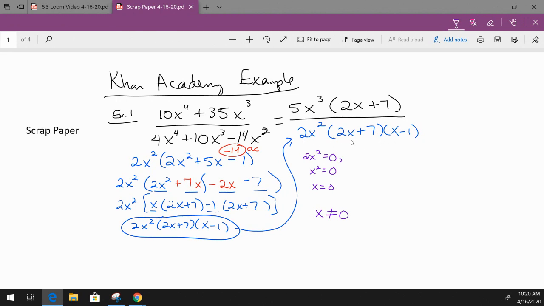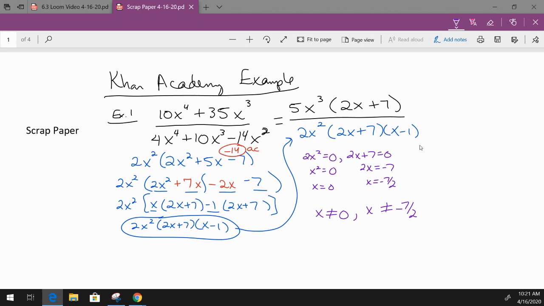All right, your next factor here, if you take the 2x plus 7 and you want to ask yourself, what value of x will make this factor equal to 0? We would subtract 7 from both sides, which gives you 2x equals negative 7. Then divide by 2, and you get x equals negative 7 halves. But again, it's in the denominator, so we want to say x cannot equal negative 7 halves.